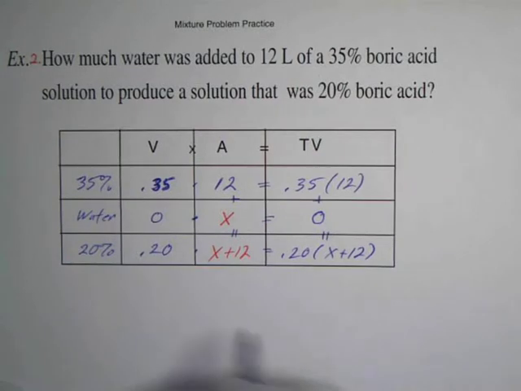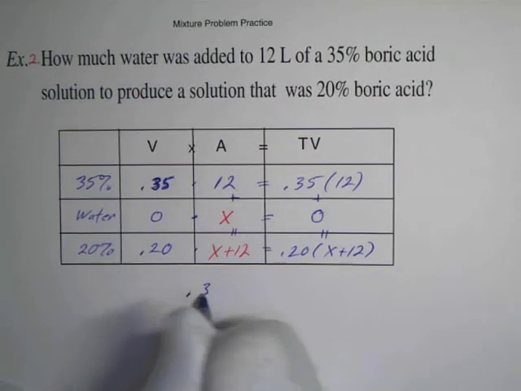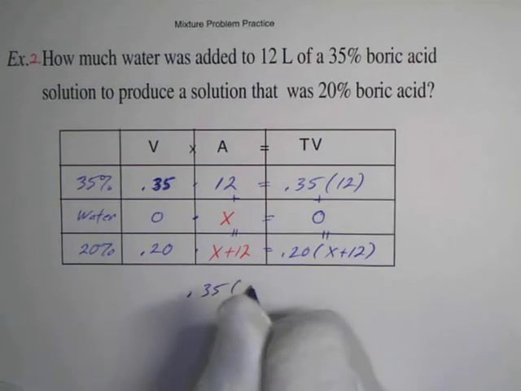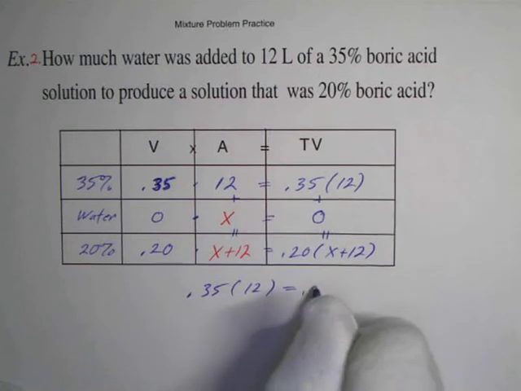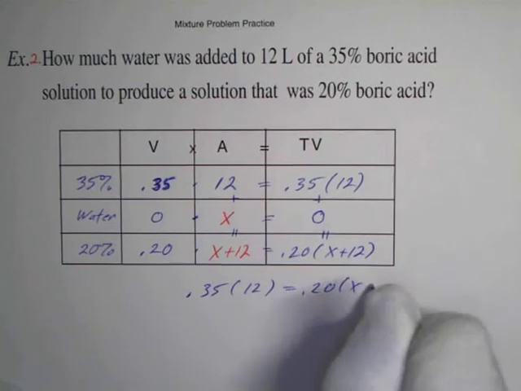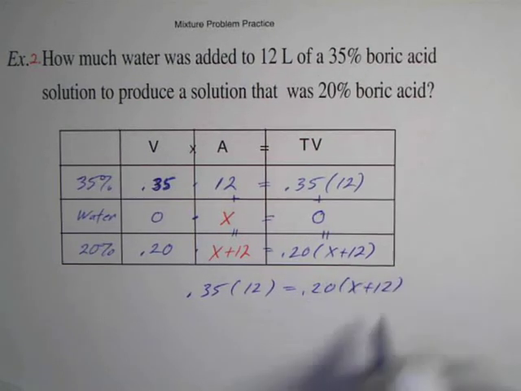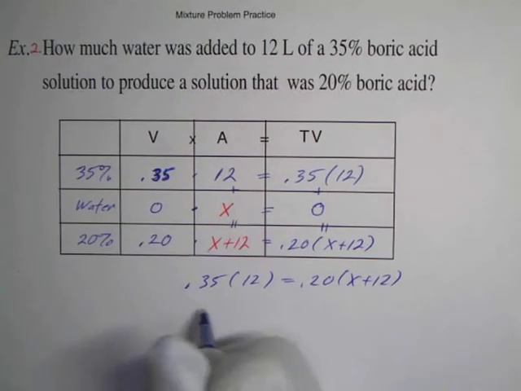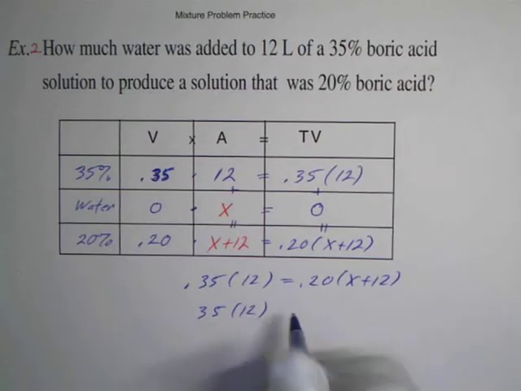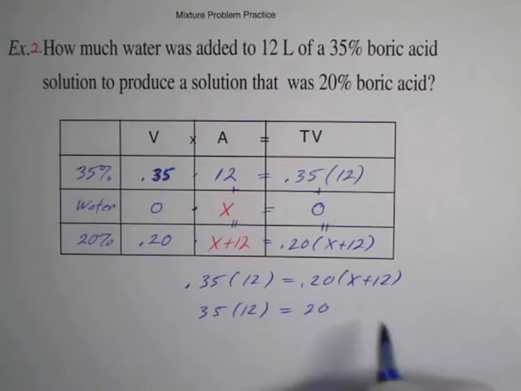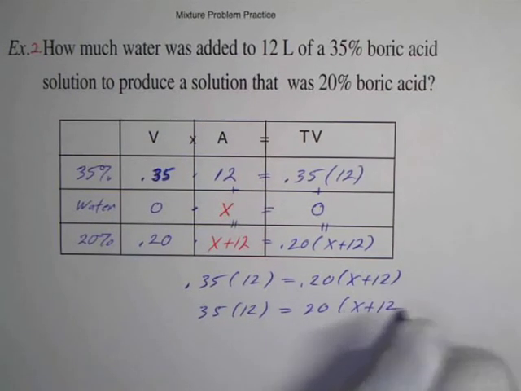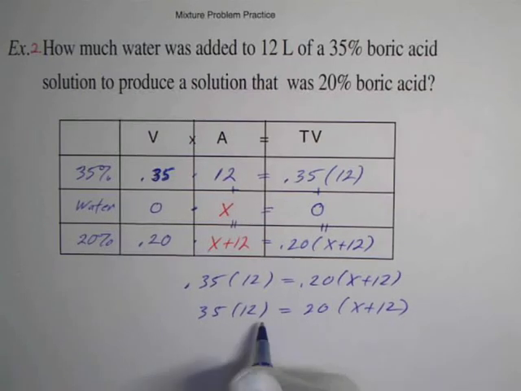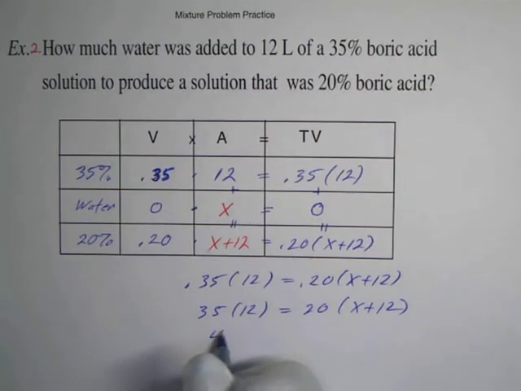So we can just write our equation down here. 0.35 times 12 equals 0.20 times X plus 12. And again, we've got decimals, so we multiply both sides by 100, so we can move that decimal point 2 places to the right. So 35 times 12 equals 20 times X plus 12. And we can distribute: 35 times 12 ends up being 420.